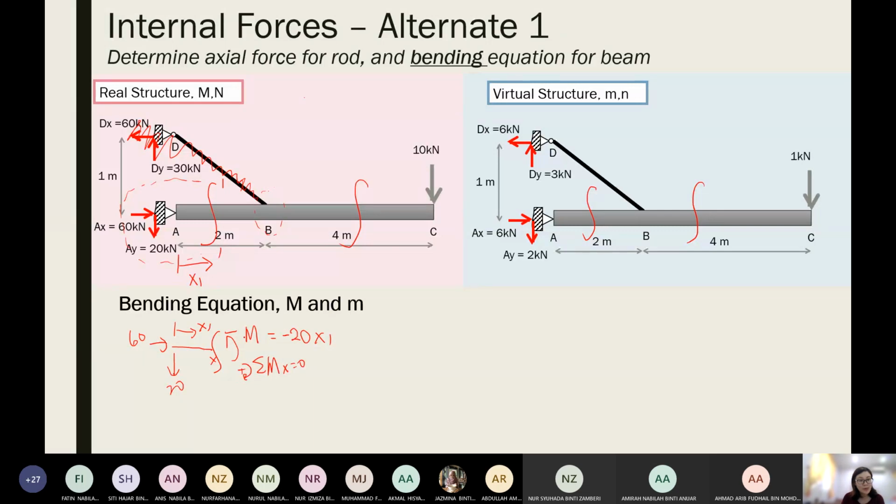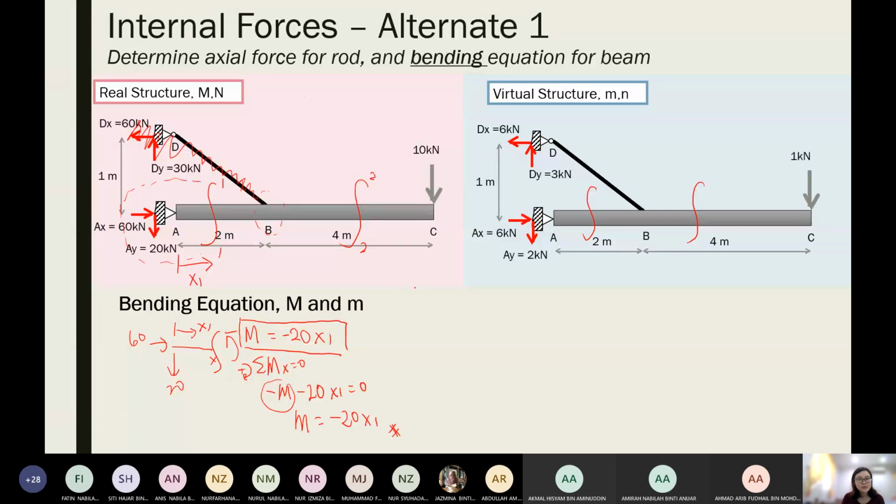So this moment will actually be a negative moment, and this 20 will give negative 20x1. So I need to rearrange such that M equals negative 20x1. Yes, be careful on this.